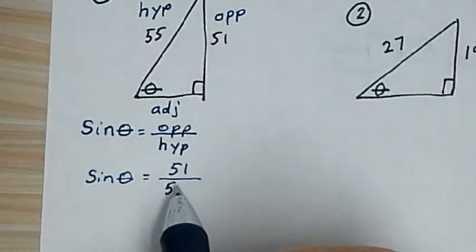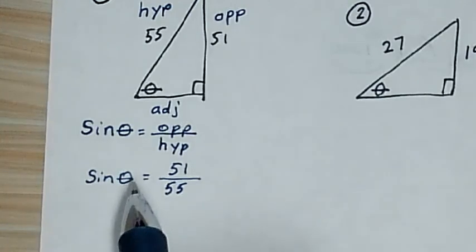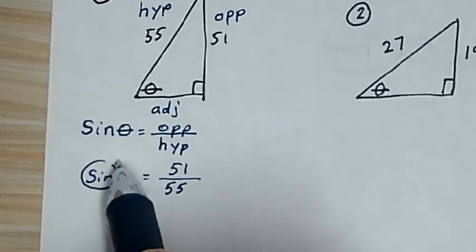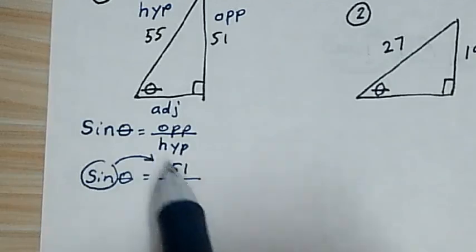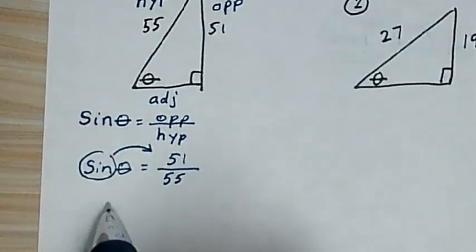And since we're looking for the angle theta, this is one of those situations where we got to remove the sine away from the angle. How do we do that? Bring it to the other side of the equal sign. Thank you. It's like a bunch of college students. I'm very proud. So that leaves you with theta all by itself, but now we put the sine over there, so we have to write sine again.